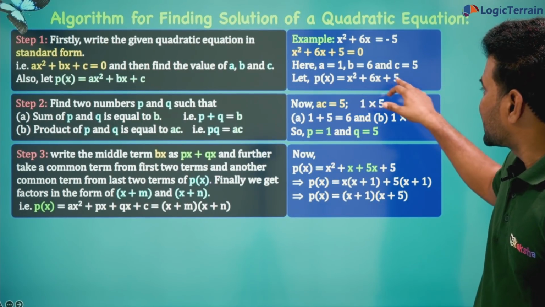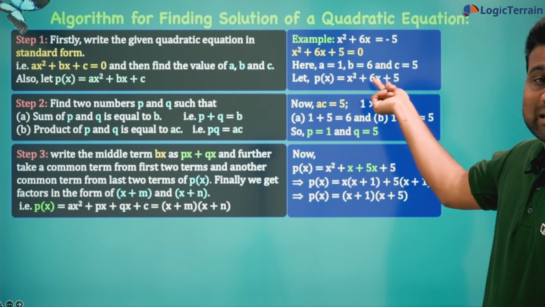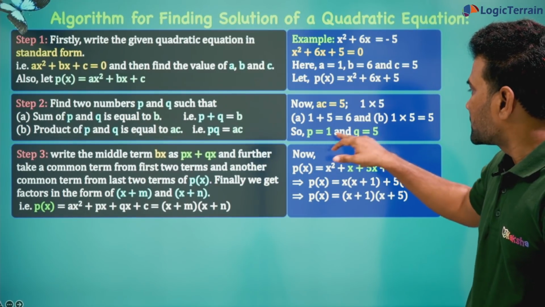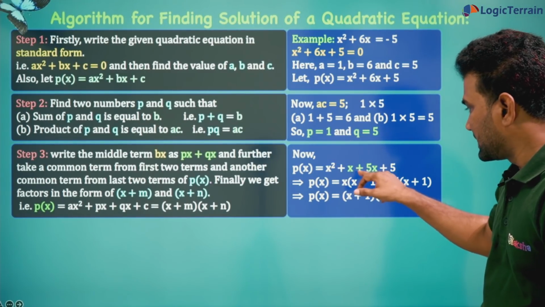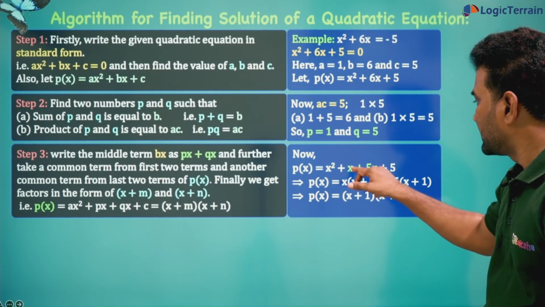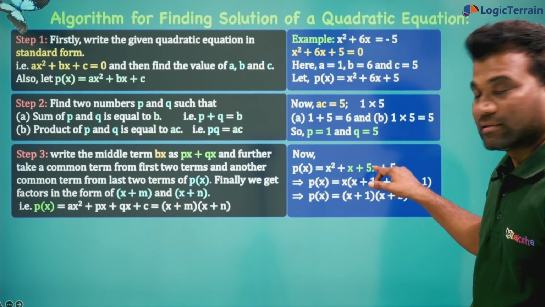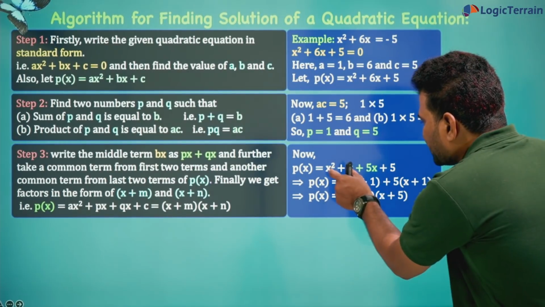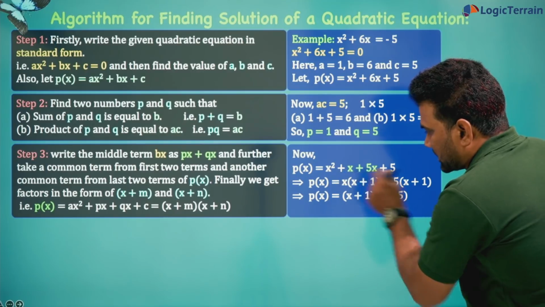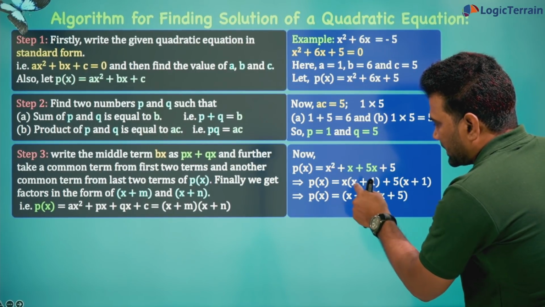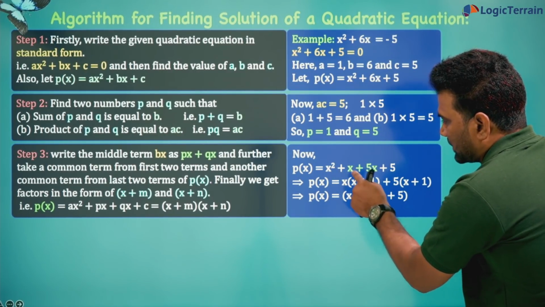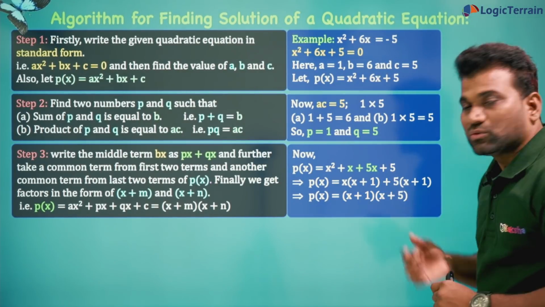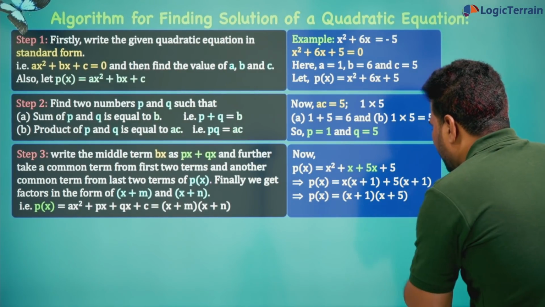Here we see p of x is x square plus 6x plus 5. Now this is the middle term. We are splitting this middle term into px plus qx, that is 1 times x, that is x, and 5 times x, 5x. x plus 5x together make 6x. Got it? Now from these two terms we are taking x common. Here we are left with x, here we are left with 1, so x times x plus 1, plus from these last two terms we are taking 5 common.